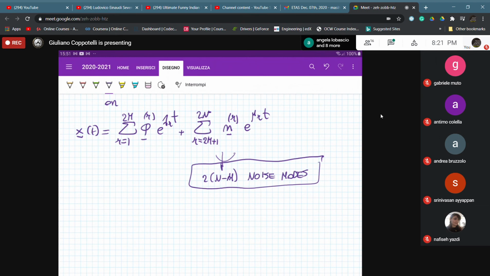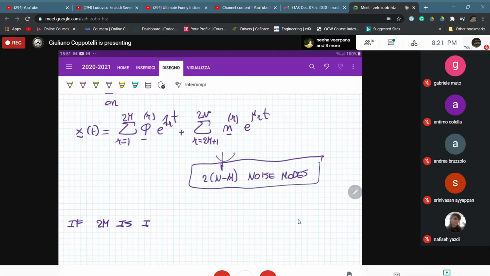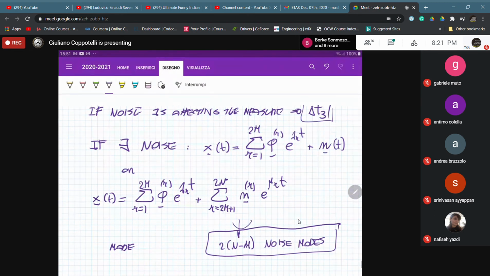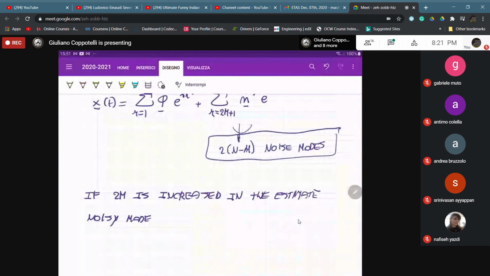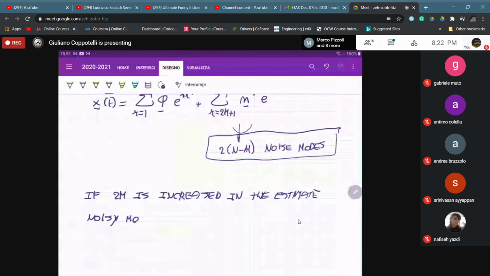So if 2m is increased in the estimate, noisy mode effects can be limited.